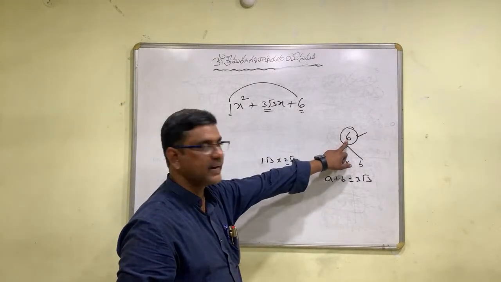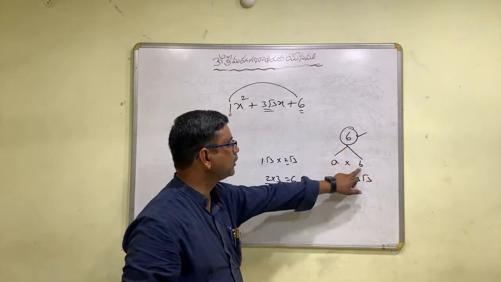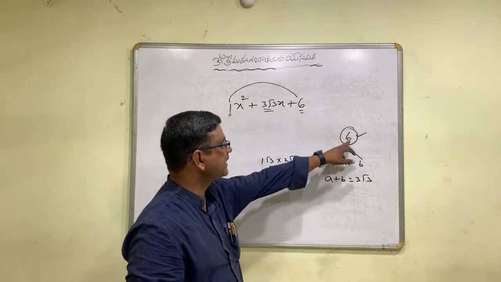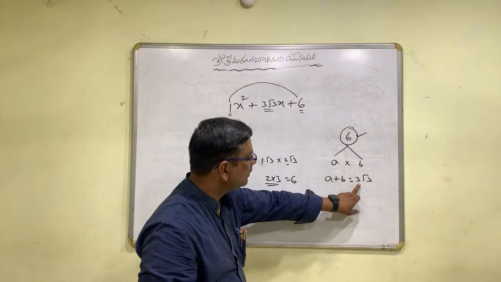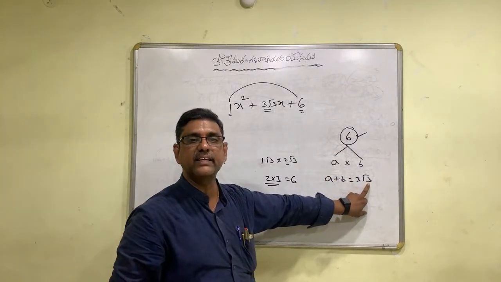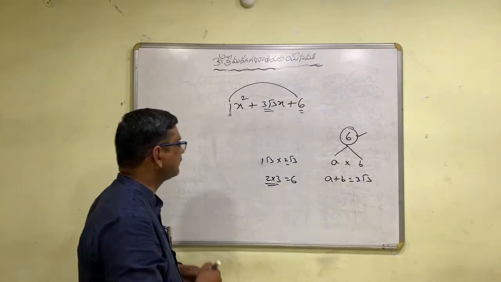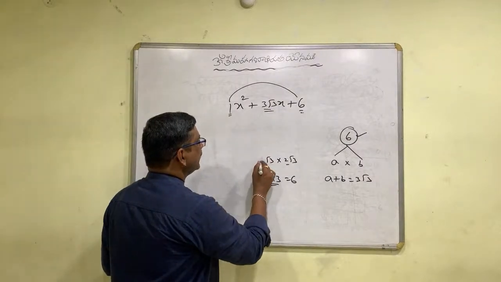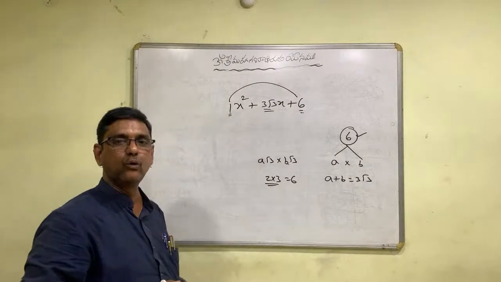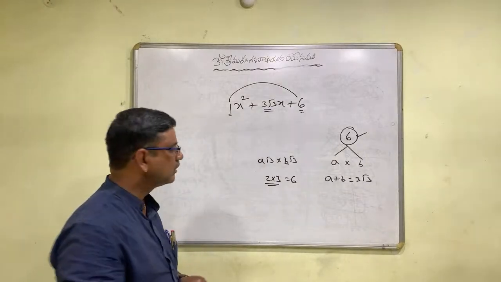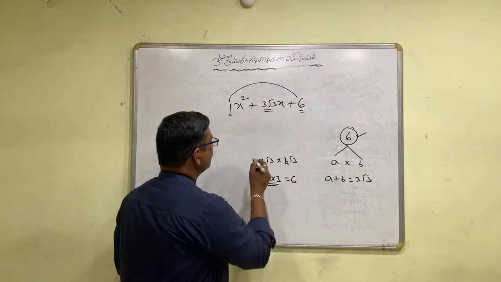We need to split this 6 into a and b so that their product is 6 and sum is 3 root 3. If you observe, the irrational part is root 3. That's why I am taking the two numbers as a root 3 and b root 3. Now I need to put a value for a.